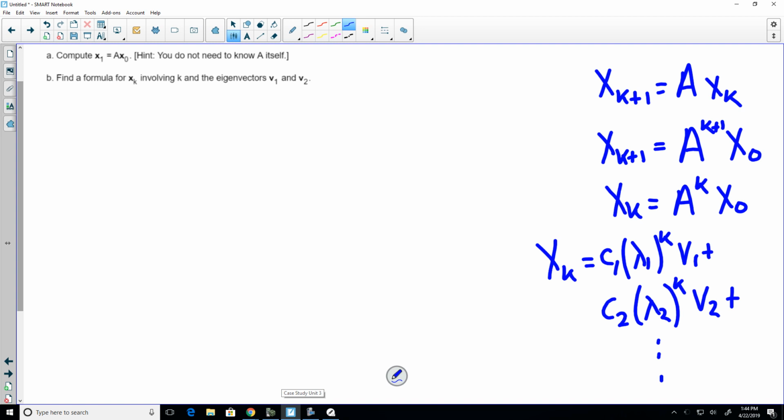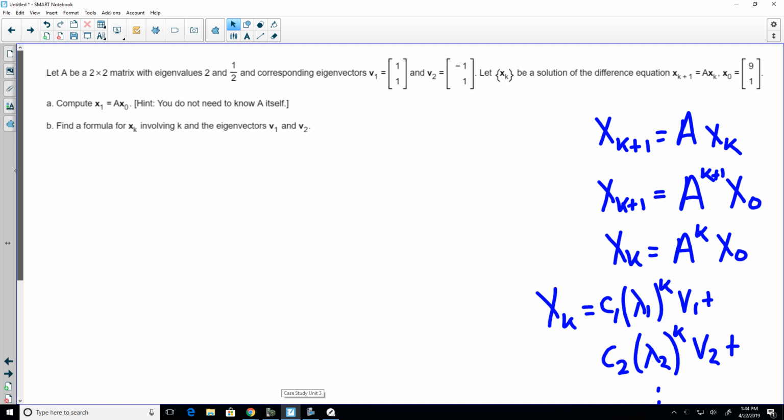So our problem tells us that A is 2 by 2, and it has two different eigenvalues, 2 and 1/2. The eigenvectors that correspond to those eigenvalues are v1 and v2. And we have this difference equation with our initial vector x sub 0 is 9, 1.